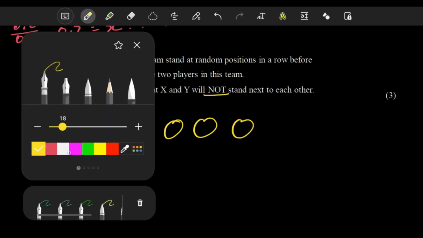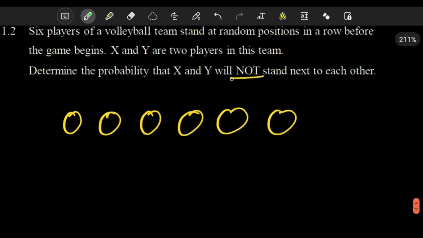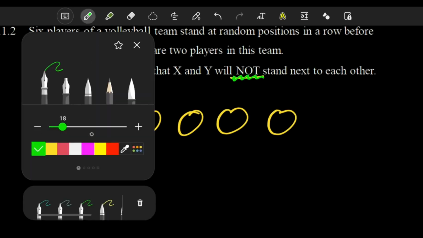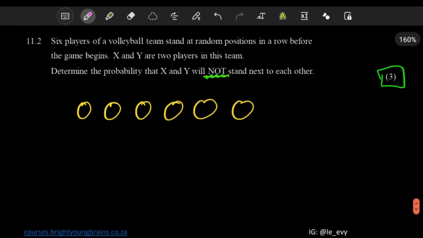So questions like these, you need to be systematic about it. Otherwise, you're going to have a hard time answering them. If you're going to work out where these people are not going to stand next to each other, the one thing you need to do is work out where they will be standing next to each other. Meaning, you work out all the scenarios where they are standing next to each other, and then you remove that from all possible outcomes where there are no restrictions.